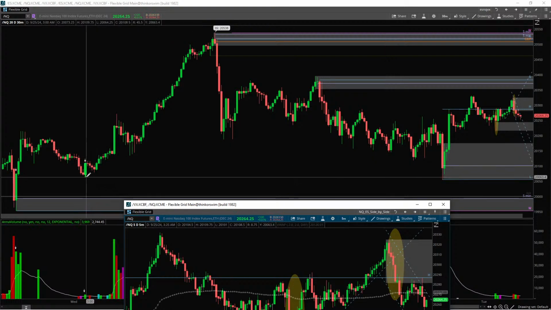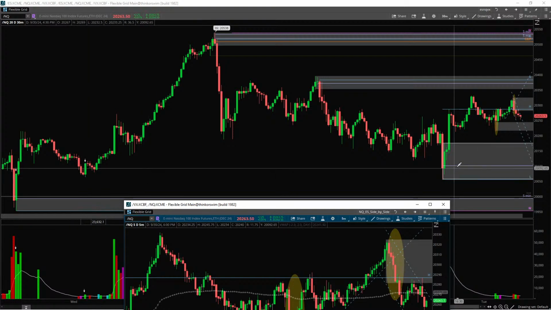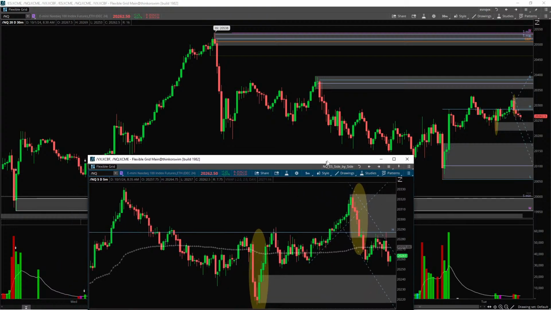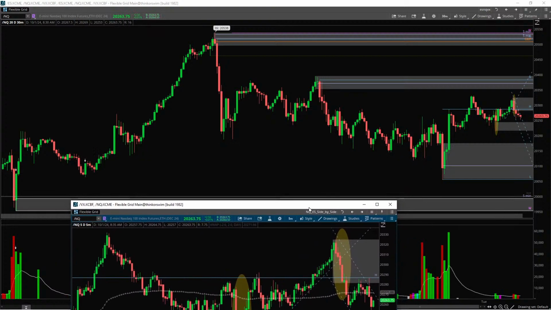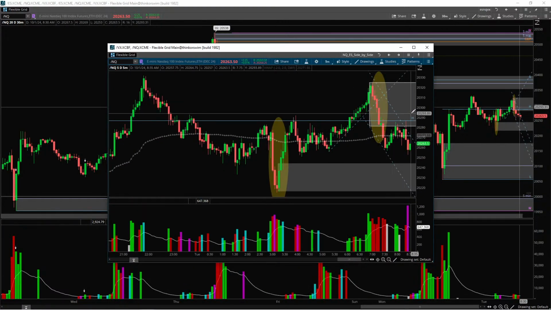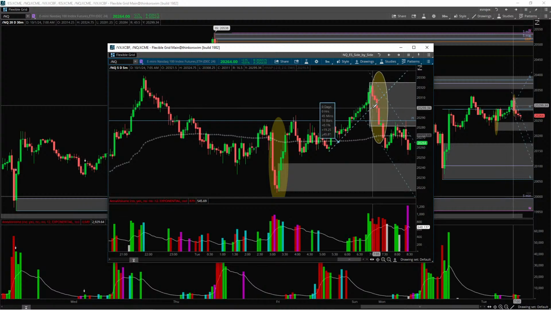Maybe I should have left that level because I did mark it. It feels weird that I have this huge candle now, but it is what it is. So yeah, I expect price to go lower. If price can go in here, I'm just going to keep an eye on it. All right, so let's mark where the selling starts.